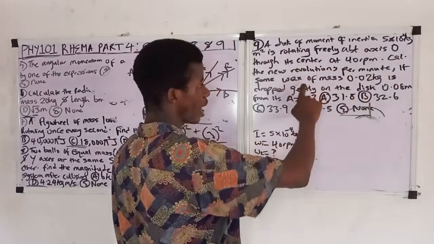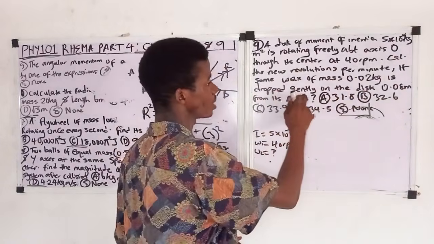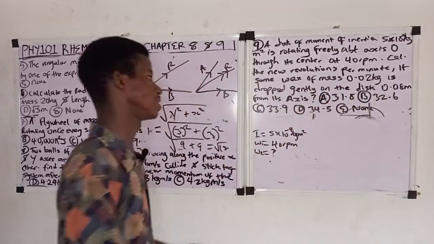Calculate the new revolutions per minute if some wax of mass 0.02 kg is dropped gently on the disc 0.08 meter from its axis.